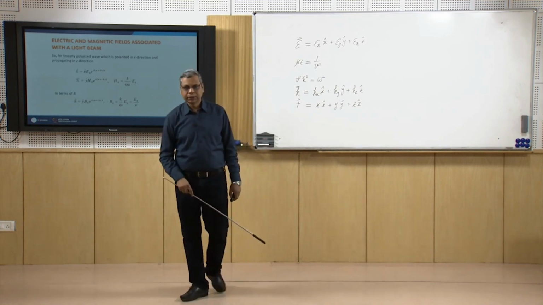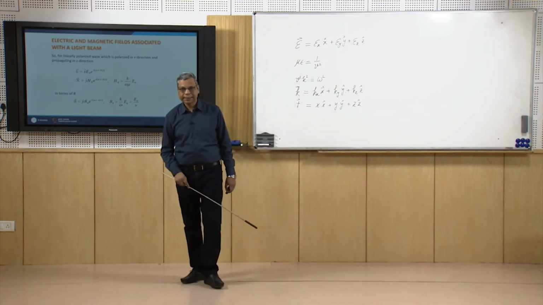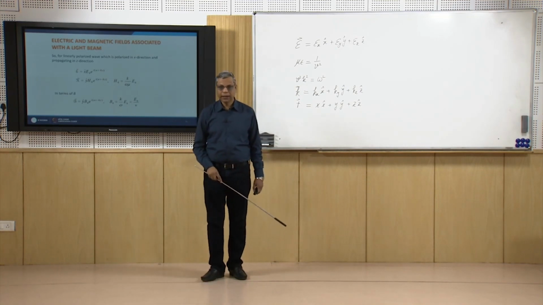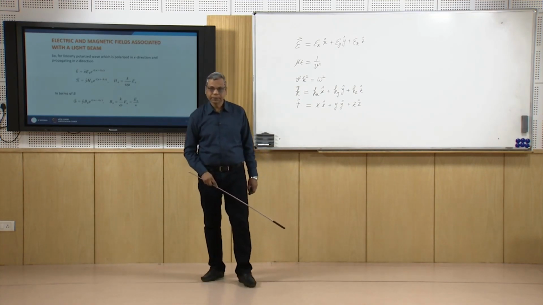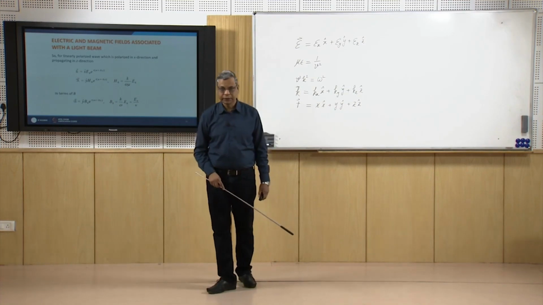If I consider the free space, then this V is nothing but c, the velocity of light in free space, which is 3 into 10 to the power 8, which is very large.